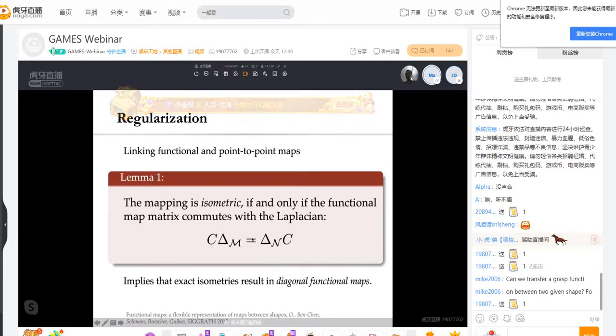So this commutativity that we just wrote down actually corresponds to preservation of distances. And what this means is that isometries lead to diagonal or block diagonal functional maps. So what we observed in these maps between cats is actually very general behavior: diagonal functional maps are good, and it comes from this lemma.